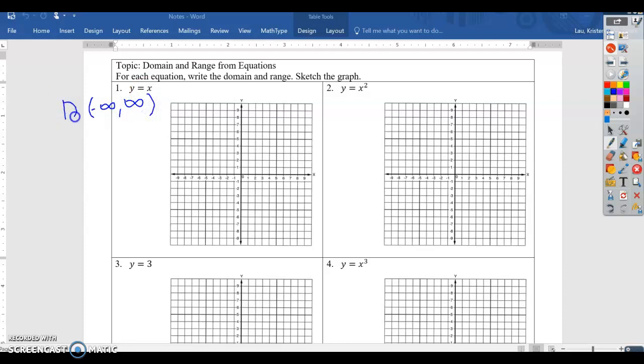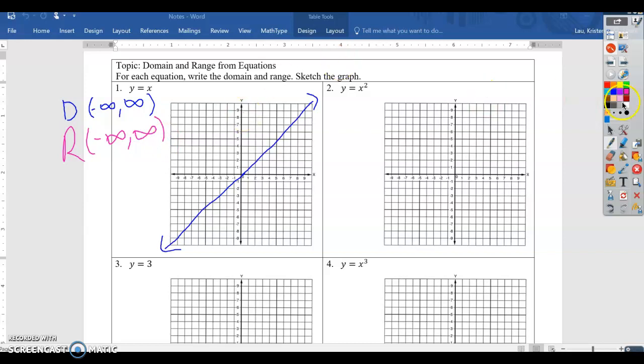We should know that the domain keeps going on forever, because both ends have arrows. And that means the range also is from negative infinity to positive infinity.